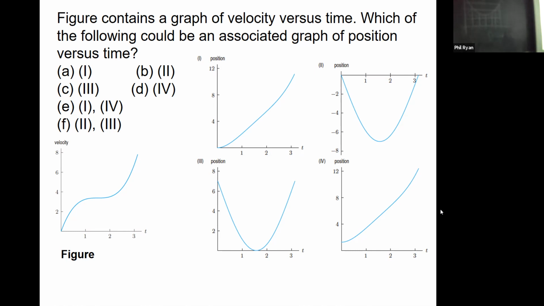This is one of the first things we discussed when we talked about derivatives. It's increasing. So straight away, we can eliminate 2 and 3. Because this thing here has a negative velocity. Now, we're looking for something which is an increasing function.